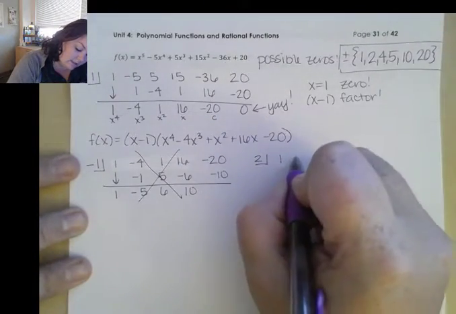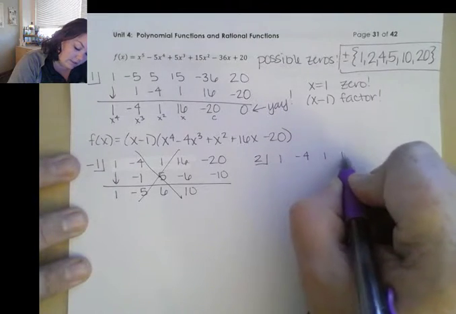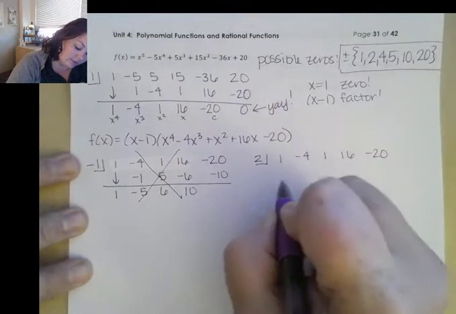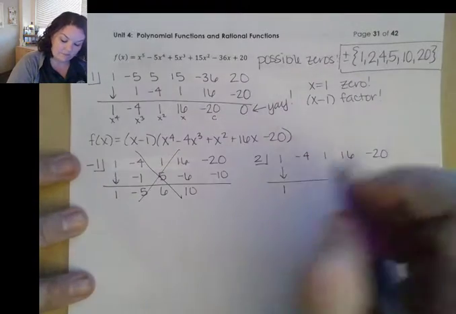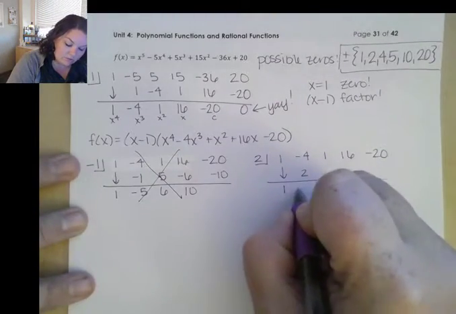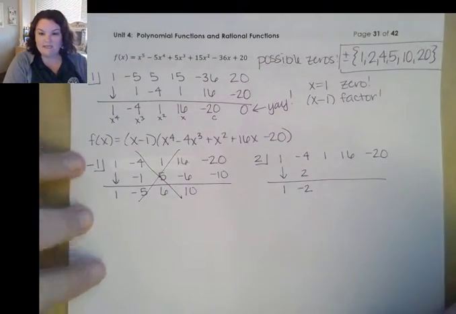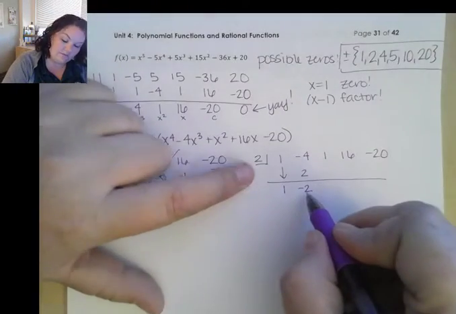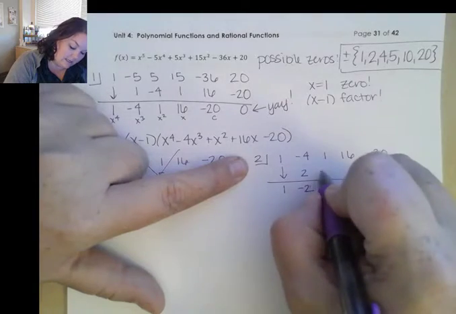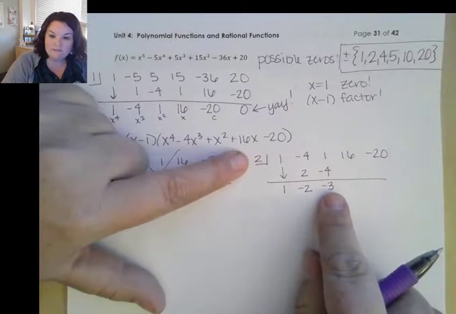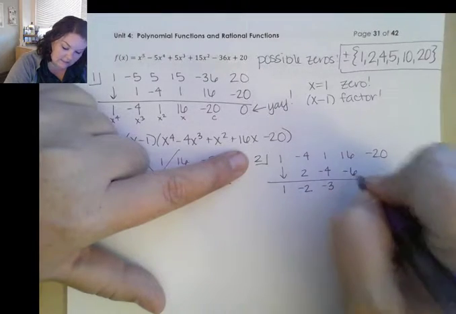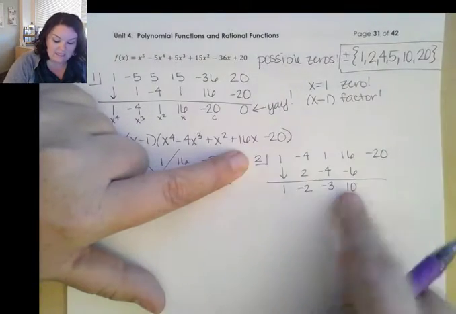So 1, -4, 1, 16, -20. Bring down my first number. 1 times the 2 in my box is 2, which combines down to -2. -2 times the 2 in my box is -4, which gives me a -3. -3 times the 2 in my box is -6, which leaves me with a 10.